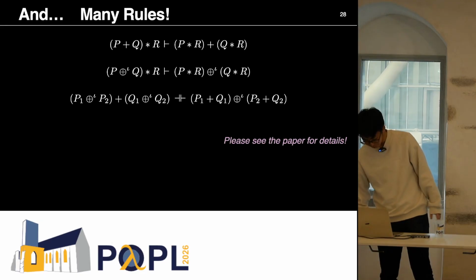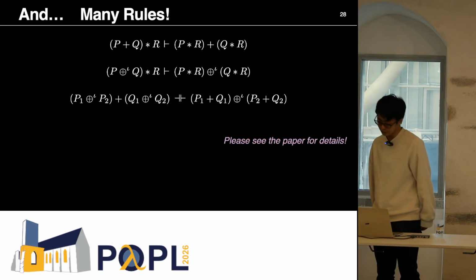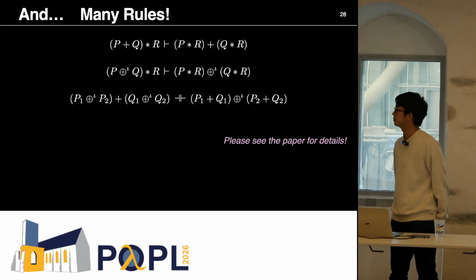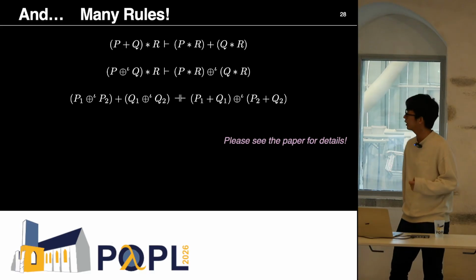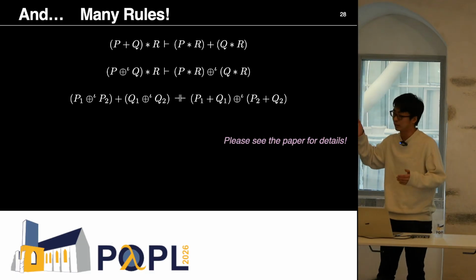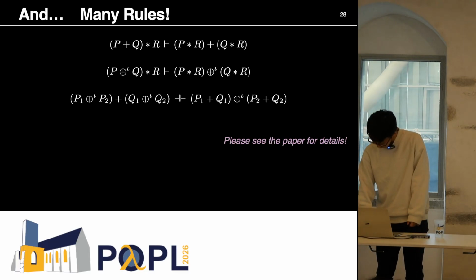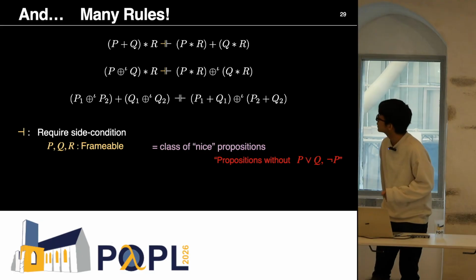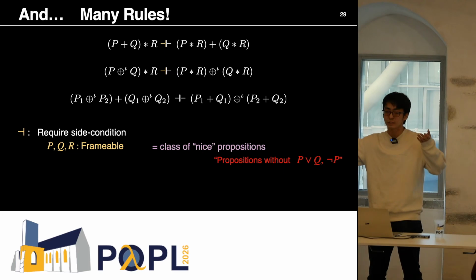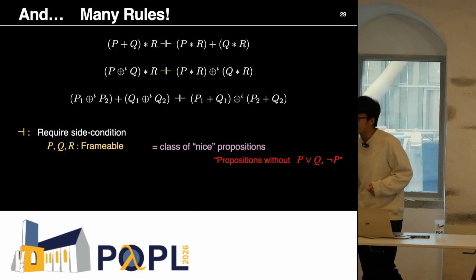Okay, and corresponding to the new connectives we have introduced, in our paper we presented a lot of new rules that are useful for reasoning. I don't have time to explain everything, but if you're interested, I want you to take a look at our paper. But one thing I want to note here is that in some of the rules, if you want to prove the left side from the right, it requires some kind of side condition.